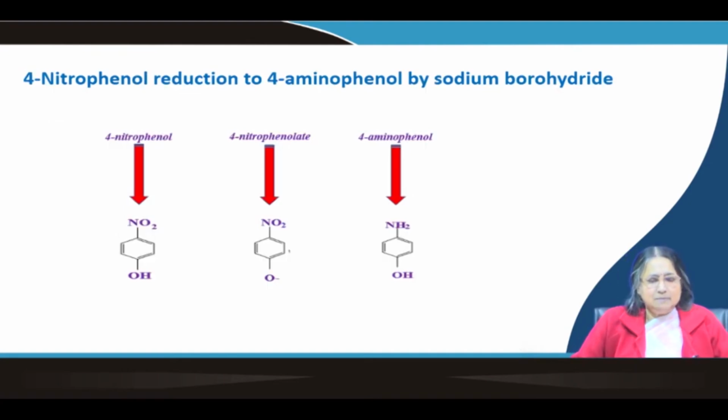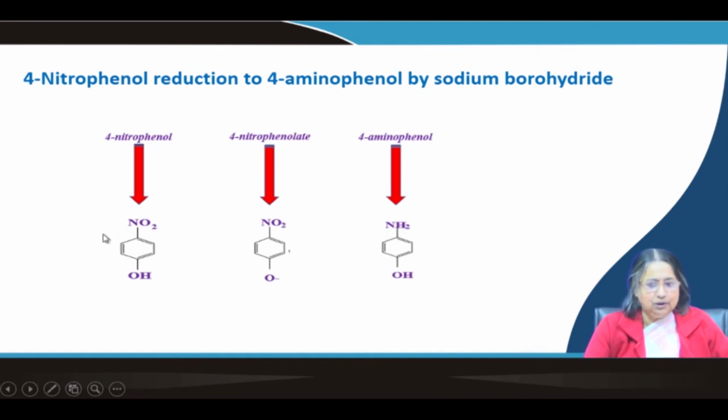Now, taking a specific example, this is a very important reaction and has now become a benchmark reaction. What is that reaction? Those who are from an organic chemistry background know that this is nitrophenol. This is a benzene ring with an OH group. If there is an OH group, we call it phenol, and in the phenol there is another NO2 group attached to the benzene ring, that is why it is called nitrophenol. If instead of the nitro group there is an amino group, it is called aminophenol.